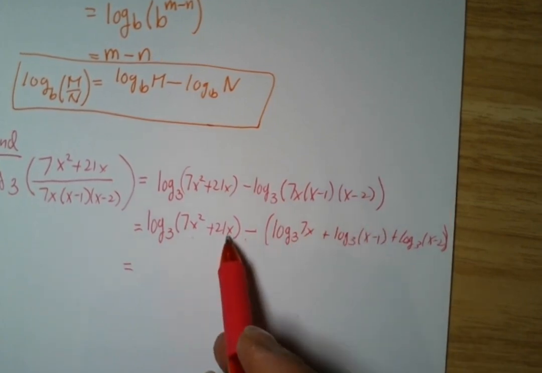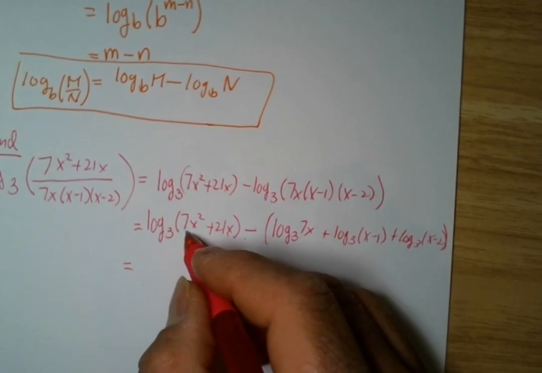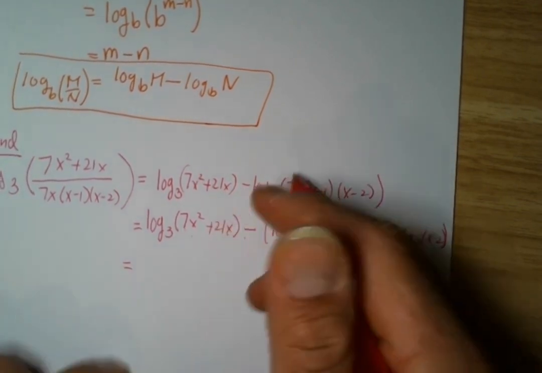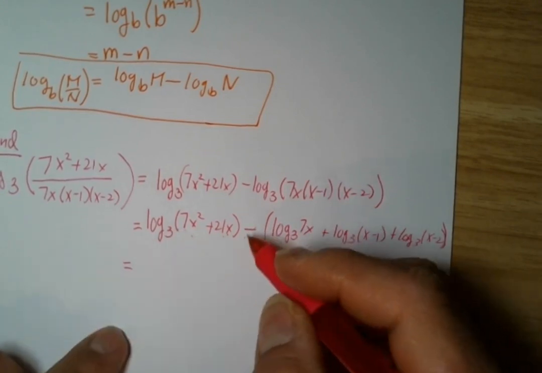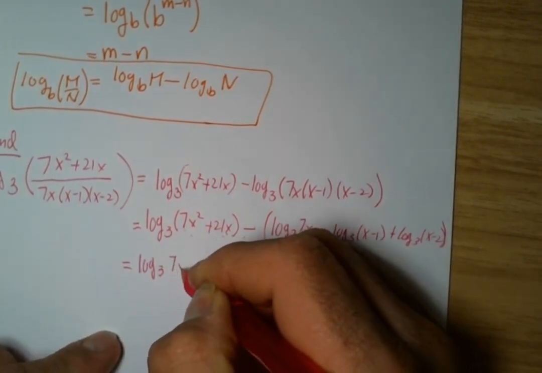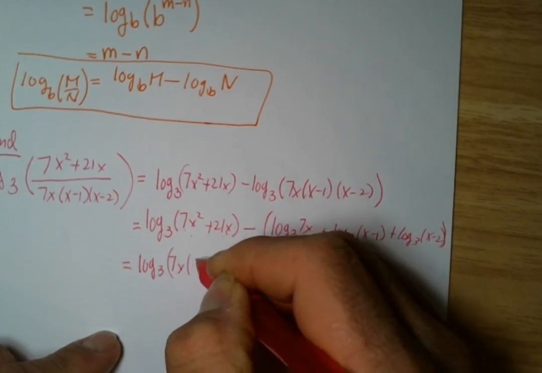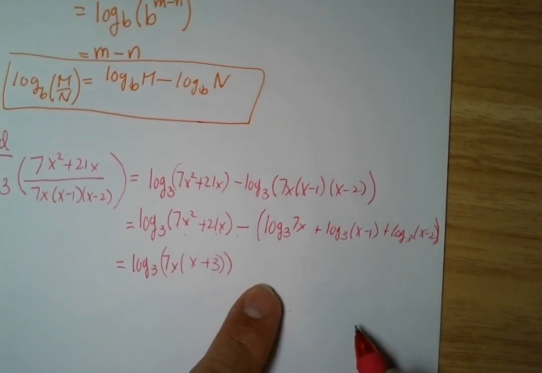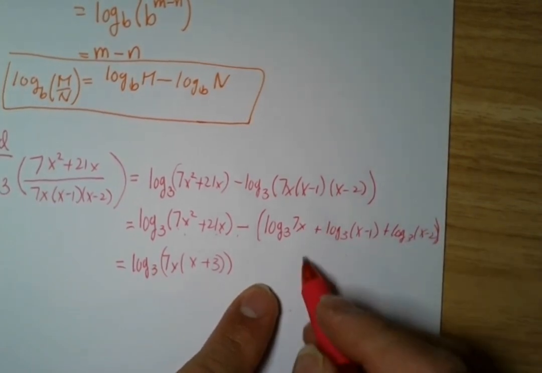If I notice this has a common factor of 7x, right? 7 goes into 7 and 21. And the factor of x goes into x squared and x. So I can actually rewrite this like this. And over here, there's actually one more thing I can do.